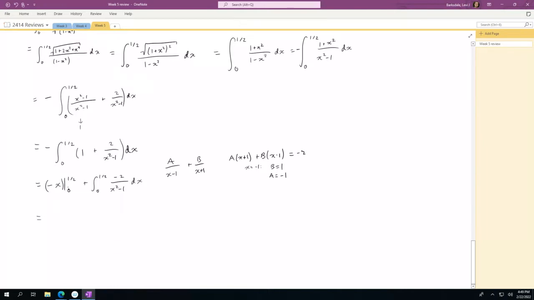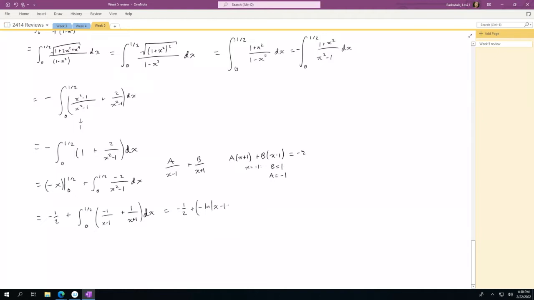all right. Now evaluating this, we have -1/2 minus 0 is -1/2. Here we have the integral from 0 to 1/2 of -1 over x minus 1 plus 1 over x plus 1. And this becomes the plus negative natural log of the absolute value of x minus 1.